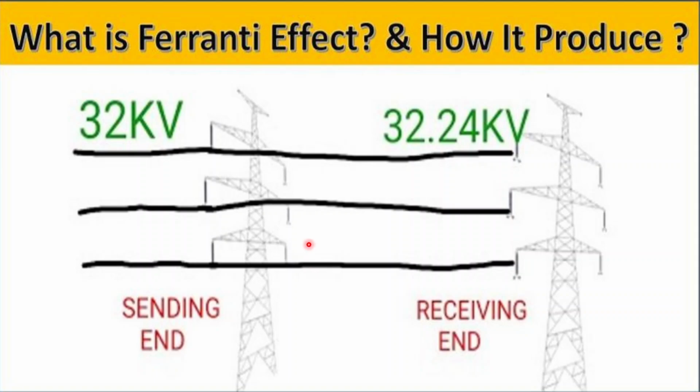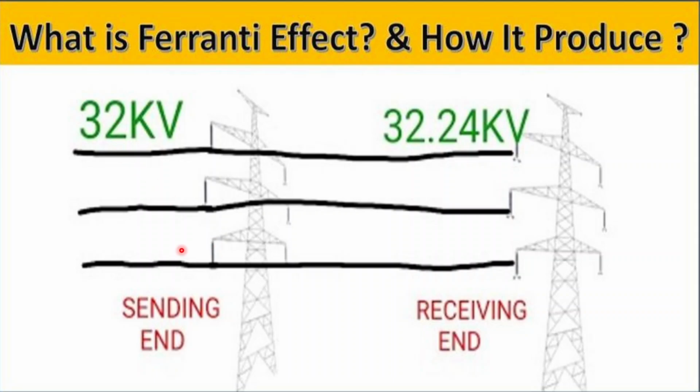If you are talking about the mathematical representation, the voltage rise can be expressed through a complex equation involving the inductance, capacitance, and the length of the line. Simplified, the voltage at the receiving end can be higher than the voltage at the sending end due to the capacitive reactance of the line.